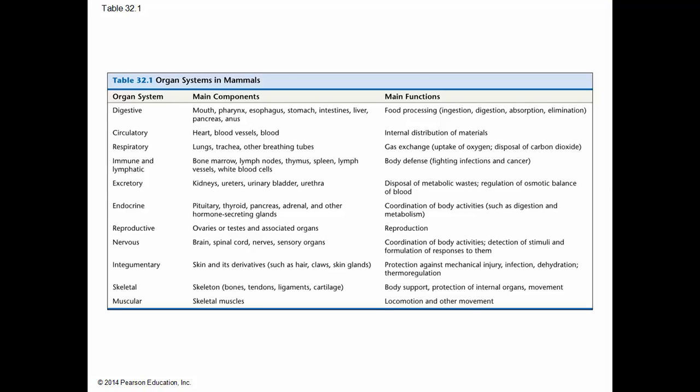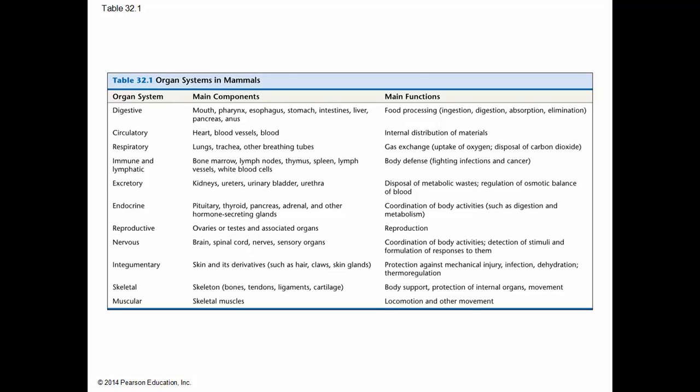Okay, here's the table, Table 32.1 on page 642. It goes over the major organ systems, their main components, and main functions. I urge you to take a closer look at this table. Today we're going to go over the endocrine system and the excretory system in greater detail.